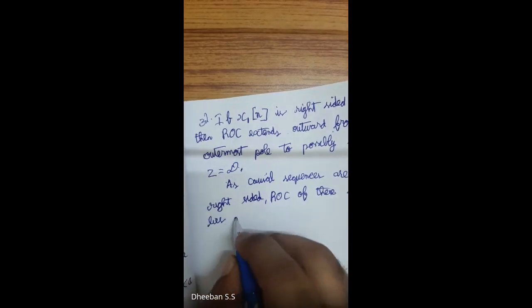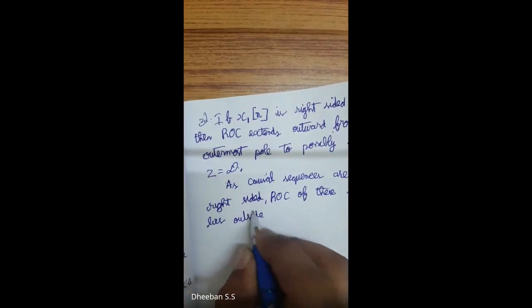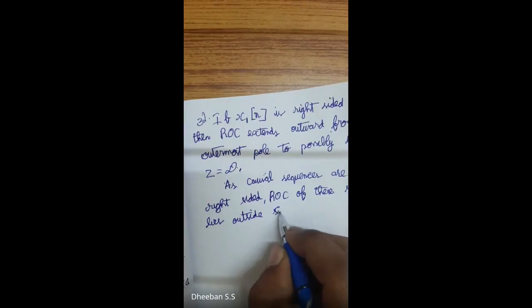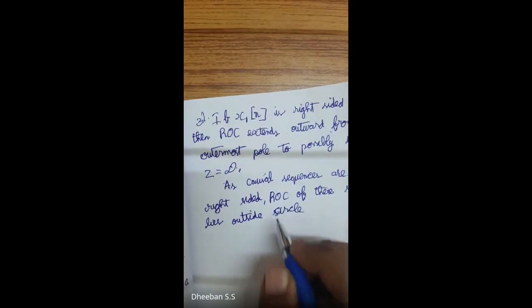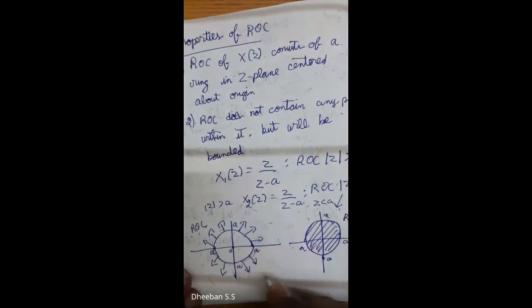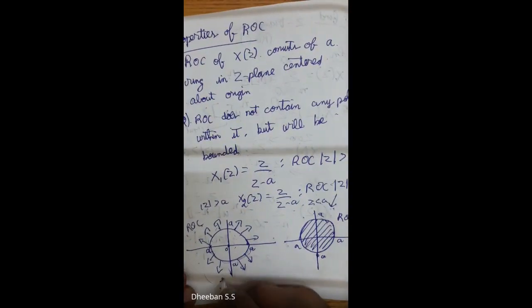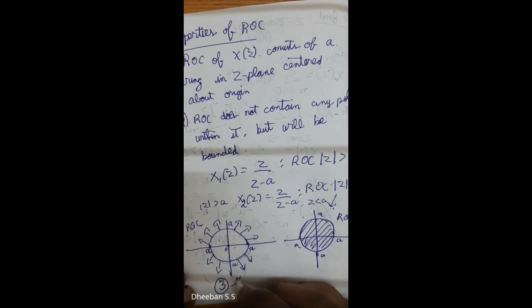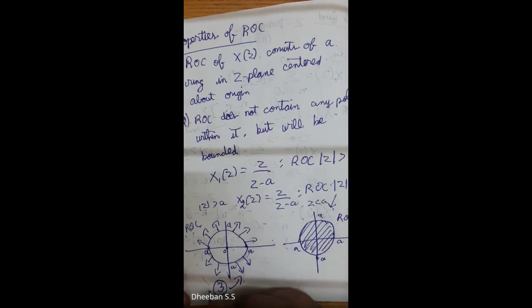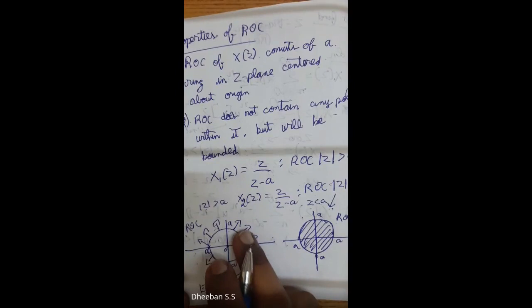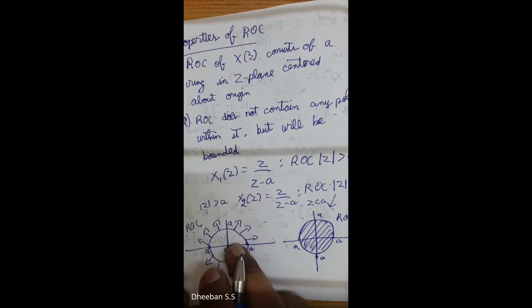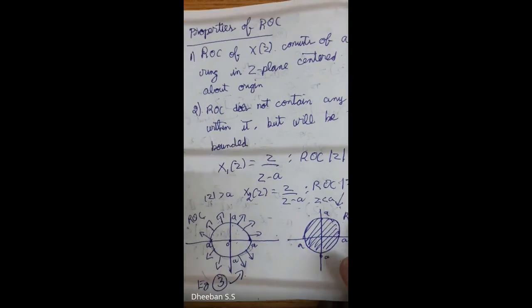So the best example for this is this diagram. So this is the diagram. This is an example for the third point. Okay, example for the third point. So it is a right-sided sequence.